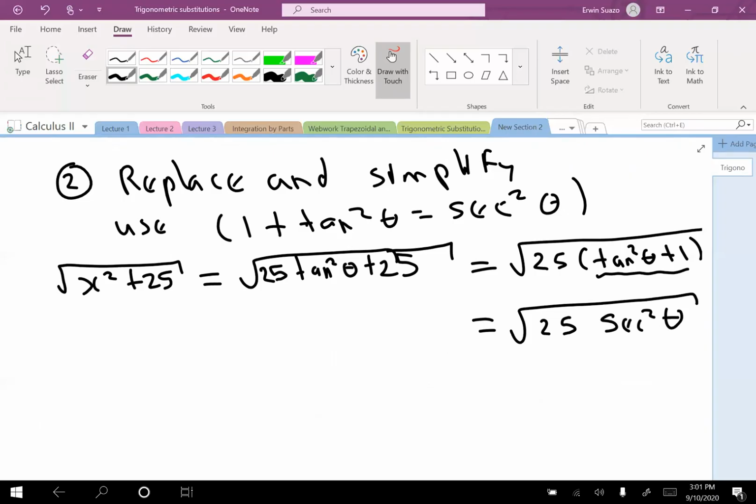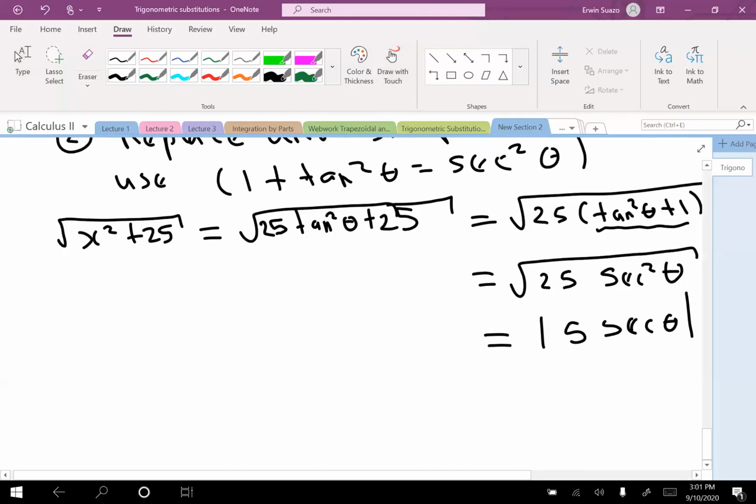Now, we have the dilemma of the square root and the squares. But since I'm taking theta in the right range, I can just forget about the absolute value. Well, let's put the absolute value: 5 secant theta absolute value.